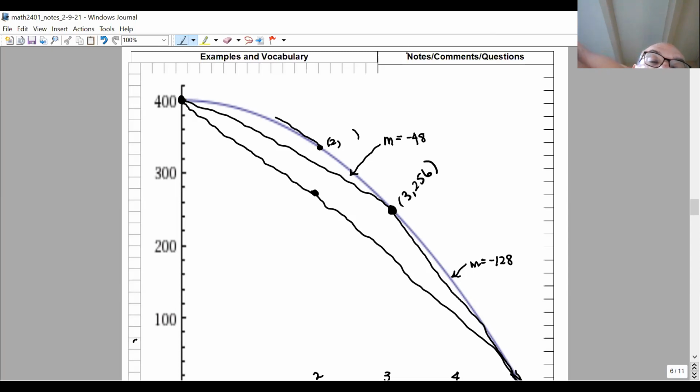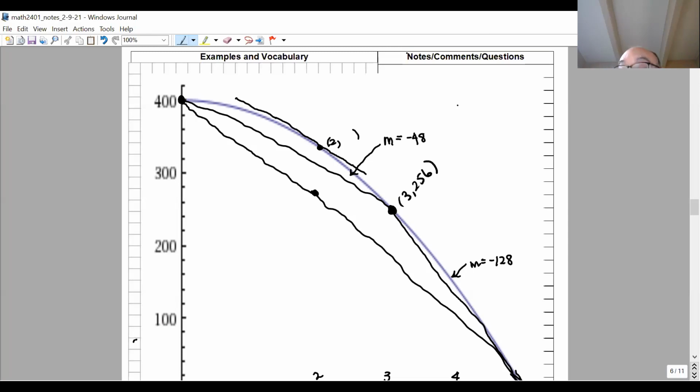I think it looks something like this. There's the tangent line to this curve right at this point, because right around that point, this curve duplicates this line, or you can say vice versa. Right around this point, this line duplicates this curve.